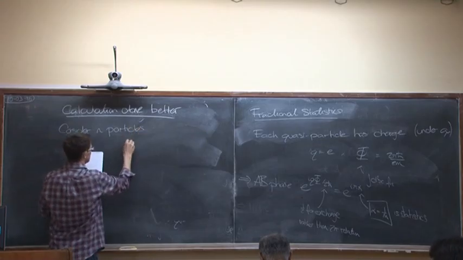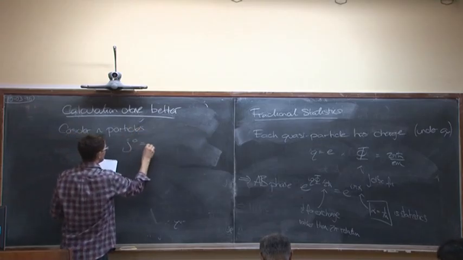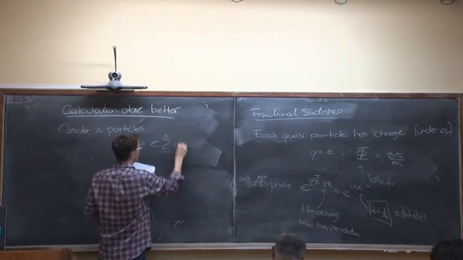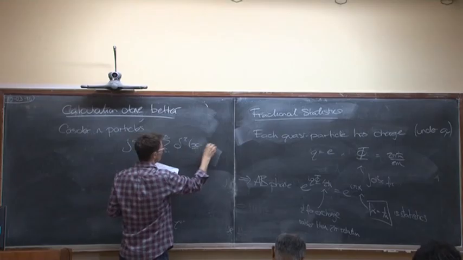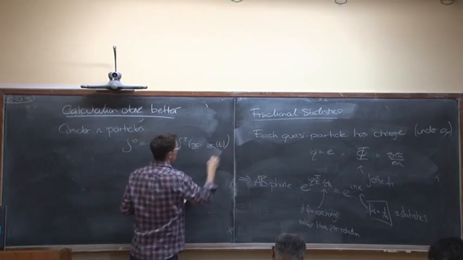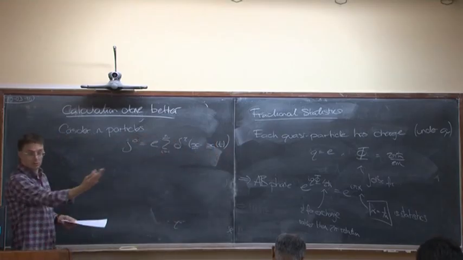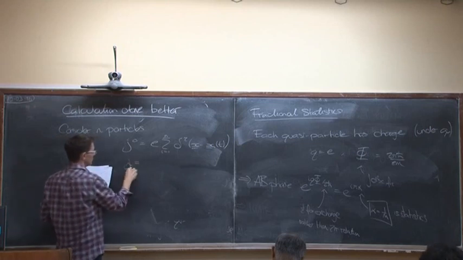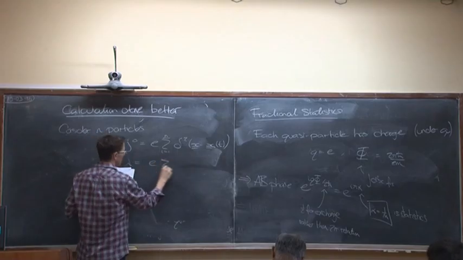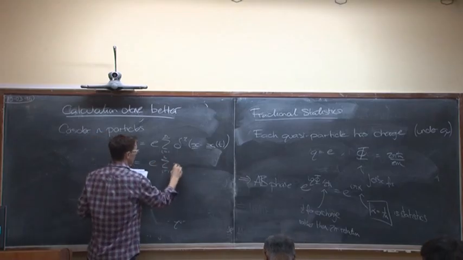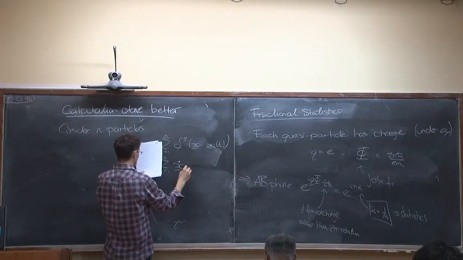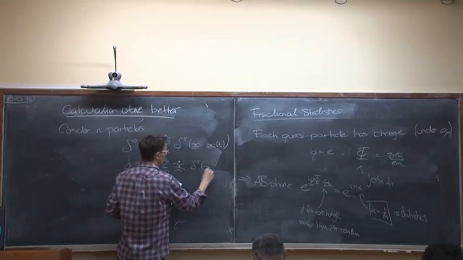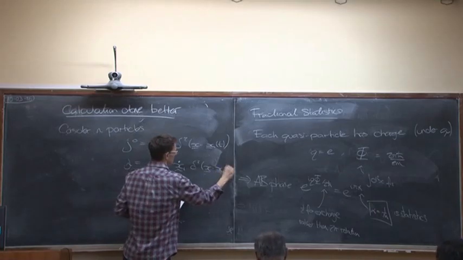and the currents will be J0 equals the sum from 1 to n of e delta(x minus xi of t). So these xi's are the positions of the particles which now move, and the spatial parts of the currents will be the sum from 1 to n of e x-dot i delta(x minus xi of t).